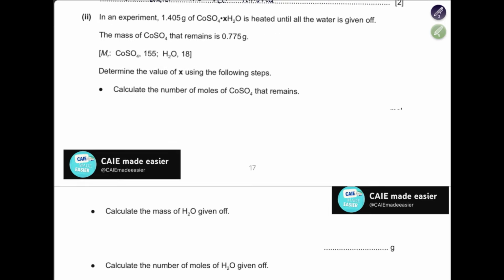Alright, so in an experiment, 1.405 grams of hydrated cobalt sulfate is heated until all the water is given off. The mass of cobalt sulfate is given, that is 0.775, MR is given. Determine the value of X using the following steps. So first of all, calculate the moles of CoSO4 that remain. Moles is going to be mass over MR, 0.005 moles.